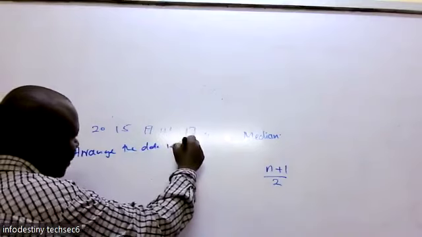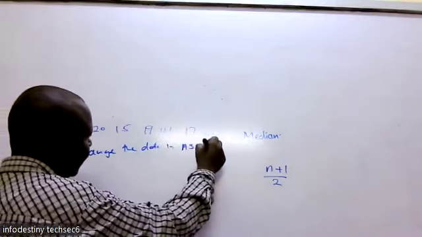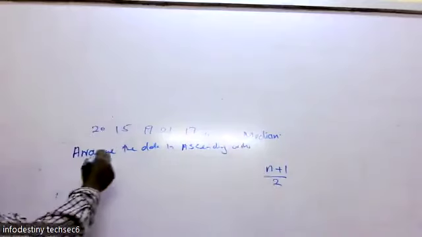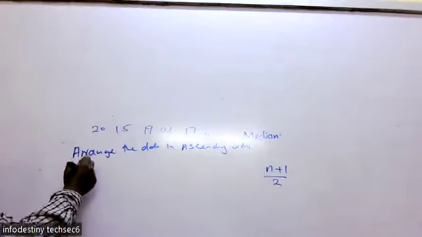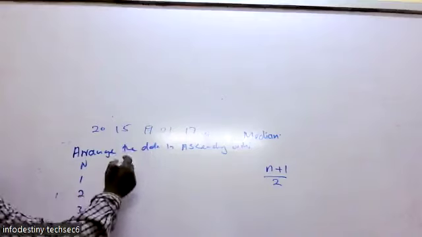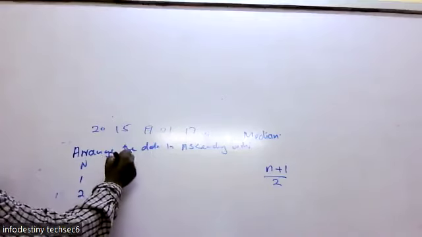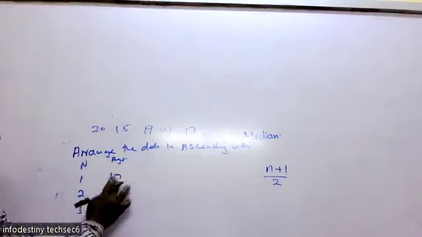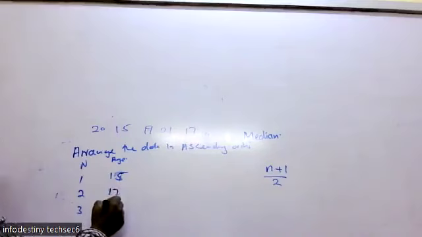Numbers 1, 2, 3, 4, 5. Then the ages, we start with the lowest: 15, 17, 19, 20, and then 21.